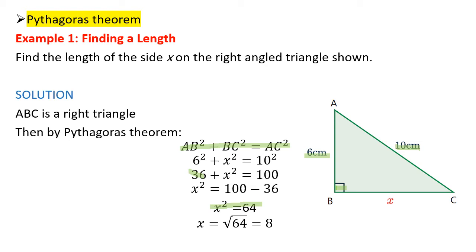In order to remove the square, what removes the square is the radical. So we put a radical on both sides. x squared becomes x, and we have radical 64. Now, how much is radical 64? 64 is 8 squared, and the radical removes the square, so the answer is 8. So BC, which is x, is 8 centimeters.